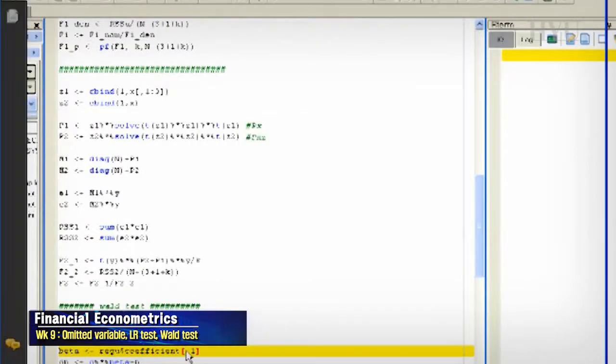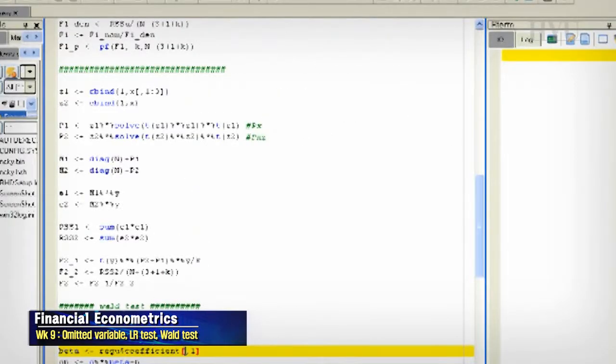So basically I put 0 for the other coefficients.